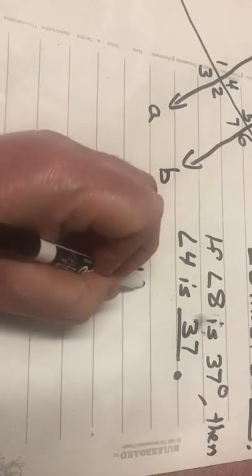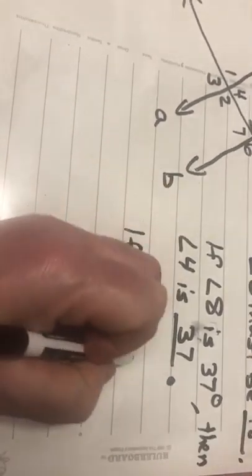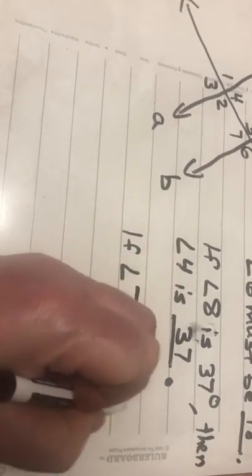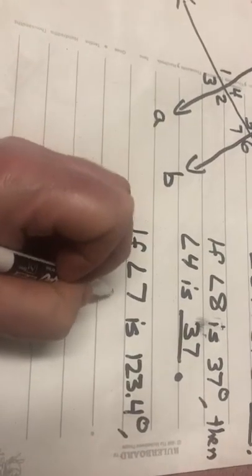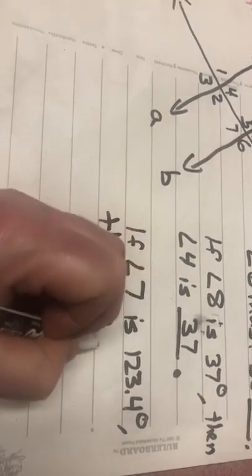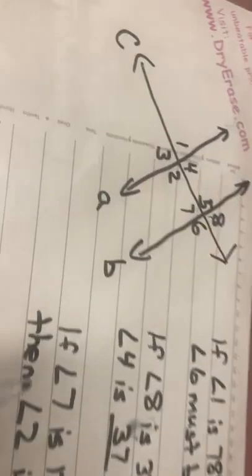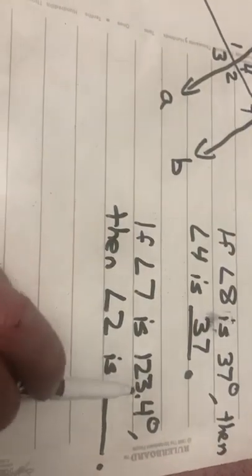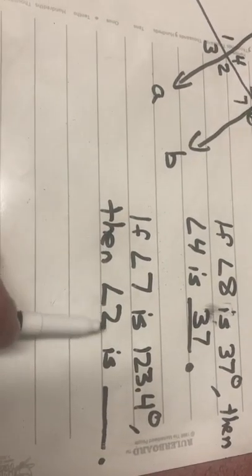Let's look at one more. If angle 7 is 123.4 degrees, then angle 2 is blank. So angle 7 is 123.4 degrees. All right, so then we're trying to, based on that, what is angle 2?